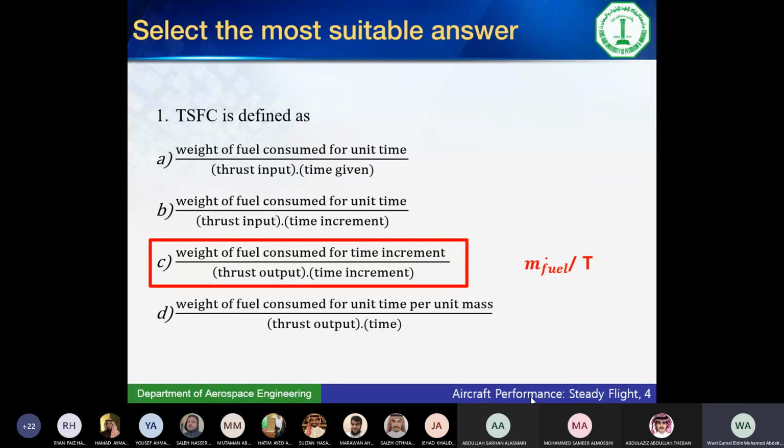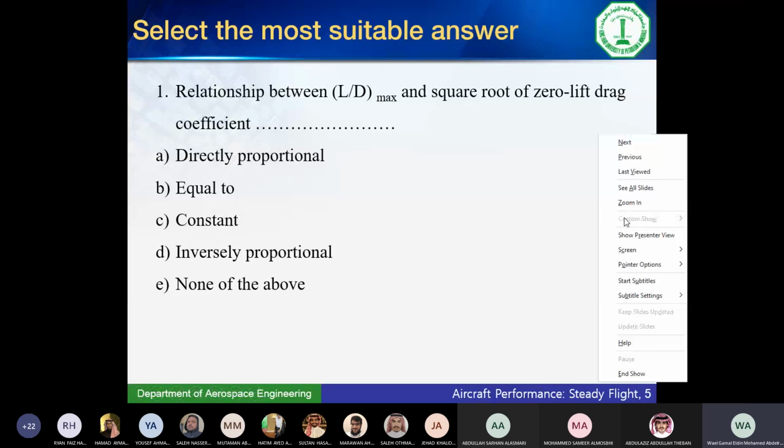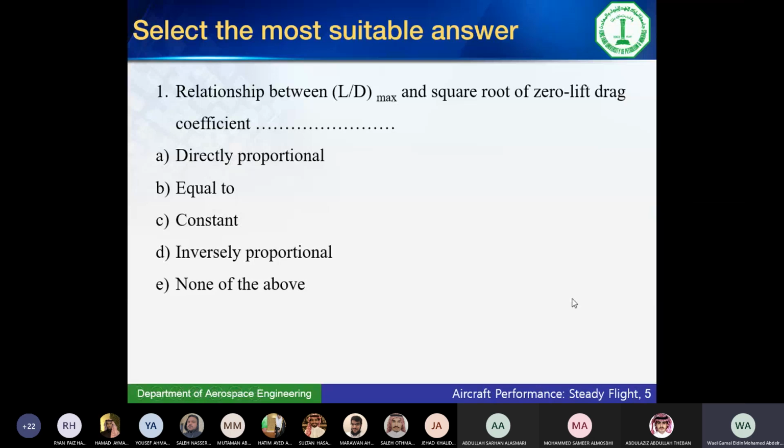Okay. Let's see the third one. The relationship between the L over D max and the square root of the zero lift drag coefficient. Is it directly proportional, equal to, constant, inversely proportional, none of the above?